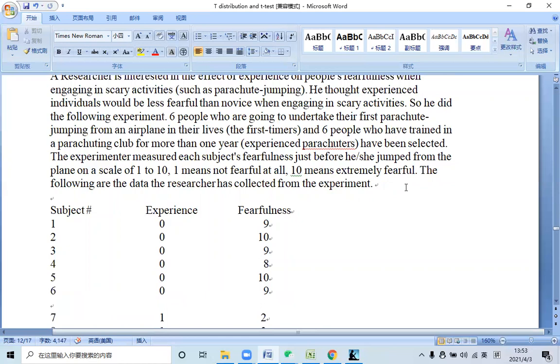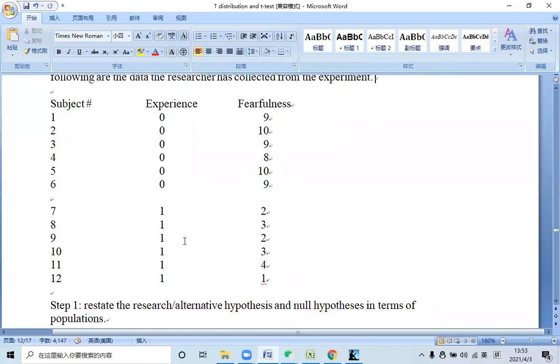Here you have the data. Altogether, you have 12 subjects. You number them from 1 to 12. Here, you can code the experience. 0 means no experience, new to the game. 1 is experienced, more than 1 year of training received.